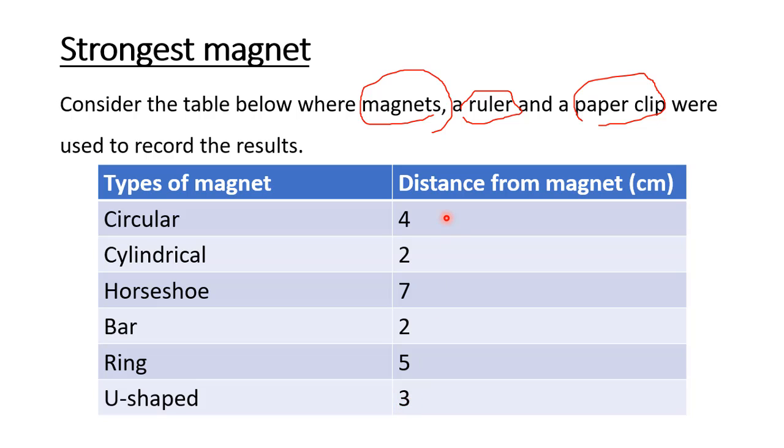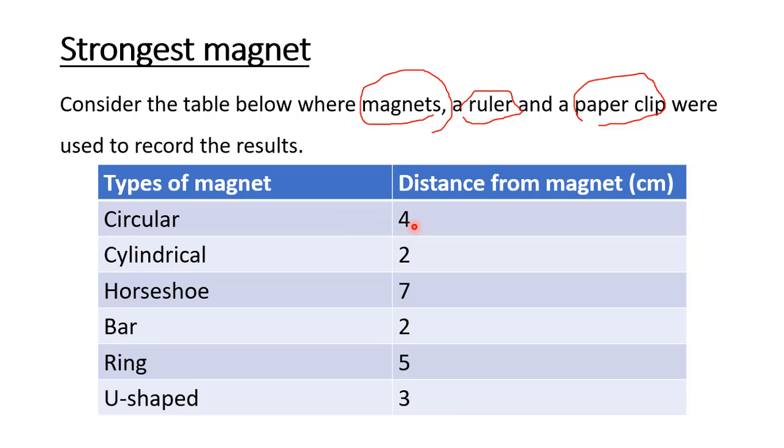This shows that if you have a circular magnet and a paper clip, the paper clip will experience an attraction force from the circular magnet at a distance of 4.